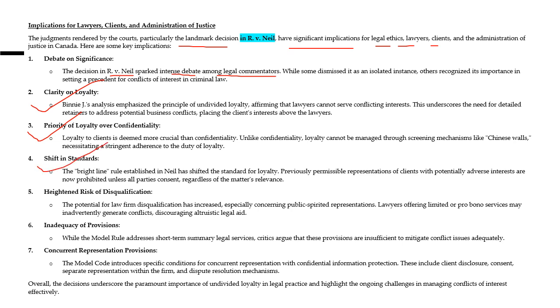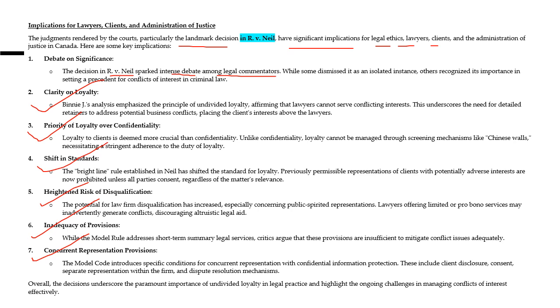Then there were a few shifts in standards, that to what extent it is prohibited, if the parties consent that okay, it's good to go. Then heightened risk of disqualification, inadequacy of provisions we saw, concurrent representation provisions we saw related to client disclosure, consent, then separate representation within the firm, dispute resolution mechanisms.